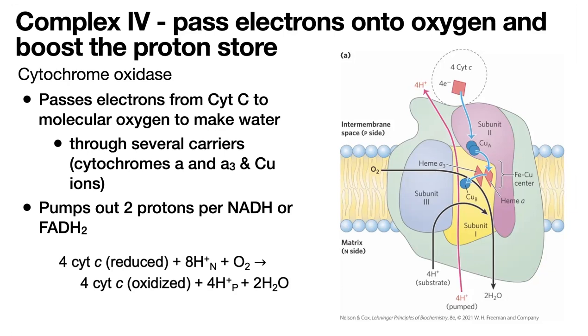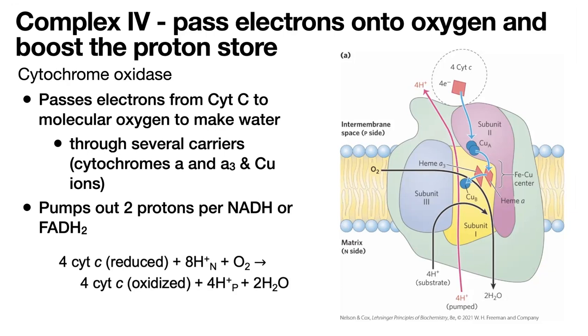In the process, we're pumping out 4 protons. But if we were to think about it from the perspective of that initial NADH going into the line, it would be the equivalent of 2 protons. So 2 protons per oxygen, but because it's molecular oxygen, O2, it's going to be 4 protons overall.